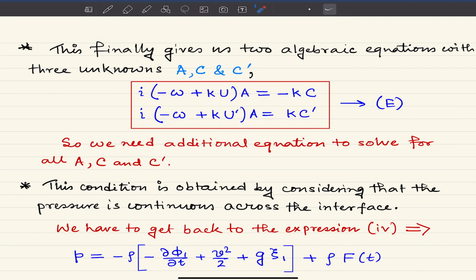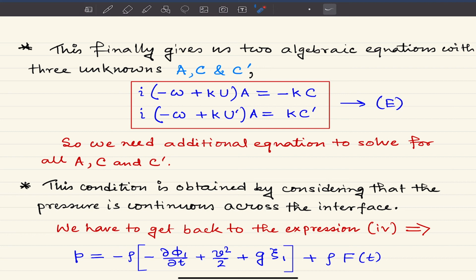So we have two algebraic equations, but how many unknown variables do we have now? We have A, C and C prime. So we cannot eliminate A, C and C prime from these equations.